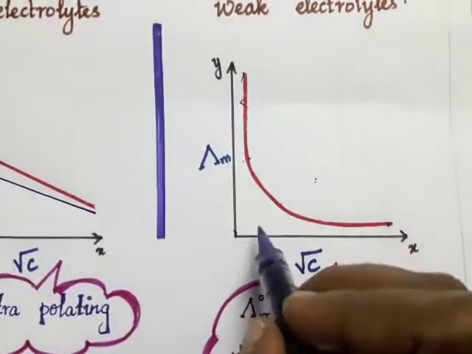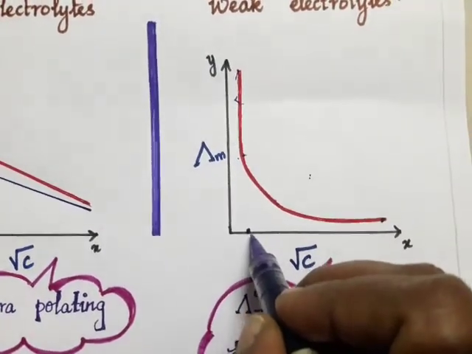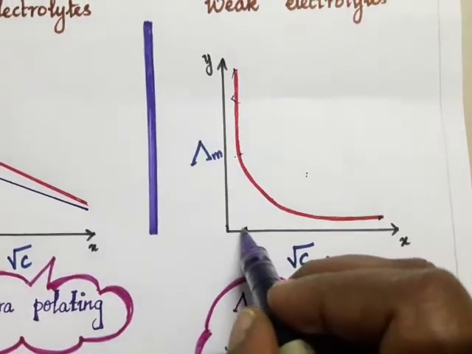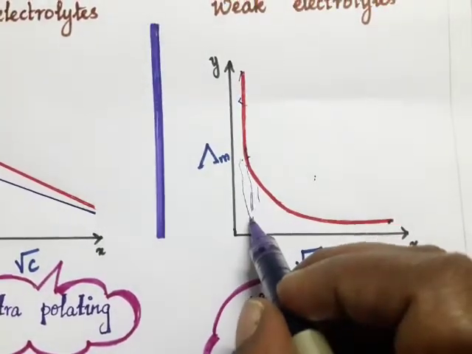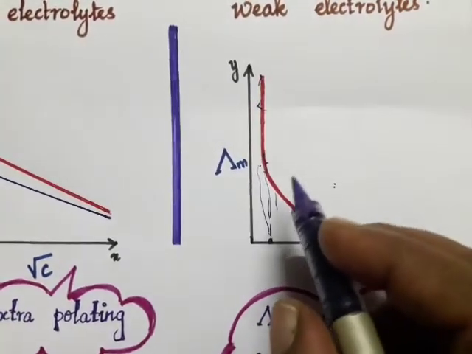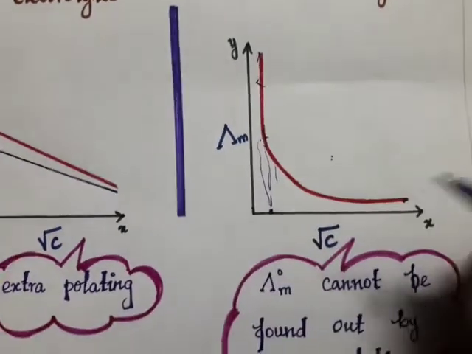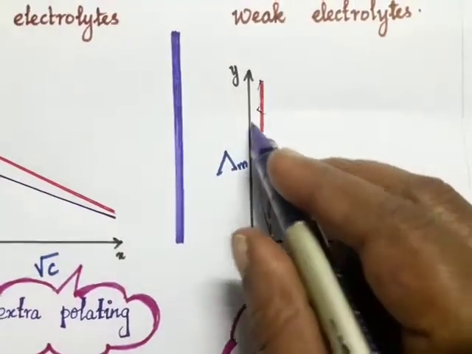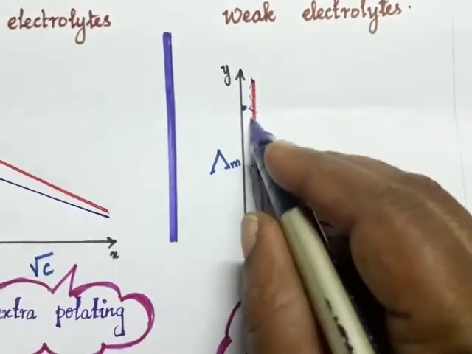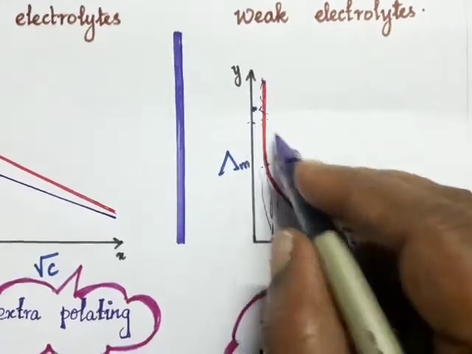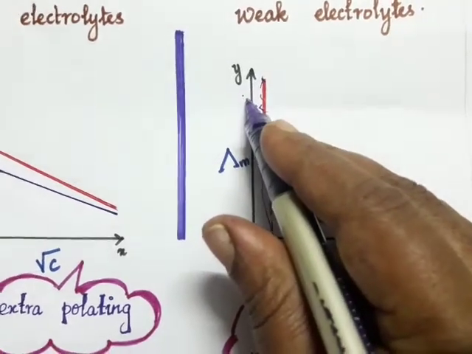When the concentration approaches zero, there is a certain increase in the molar conductance because of the dissociation of the weak electrolyte. In this case we cannot get the y-intercept because the graphical line is parallel to the y-axis and cannot meet it.